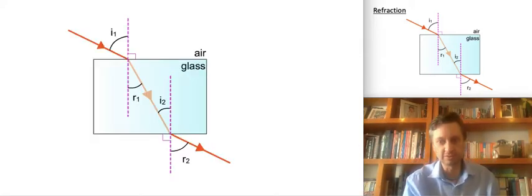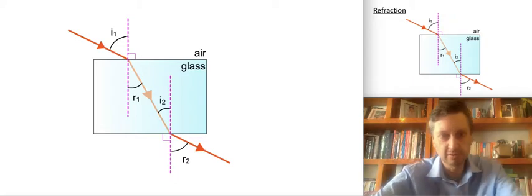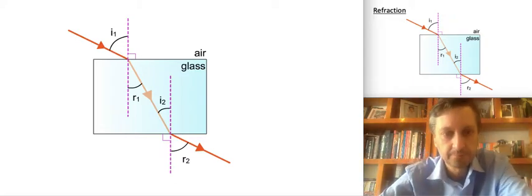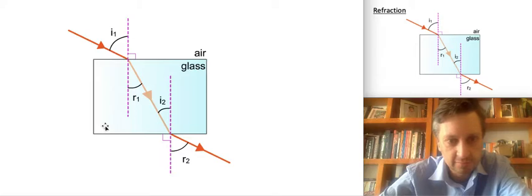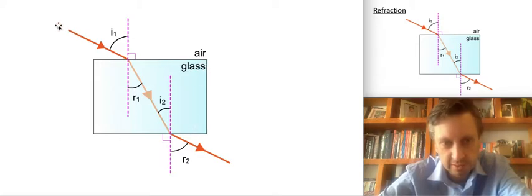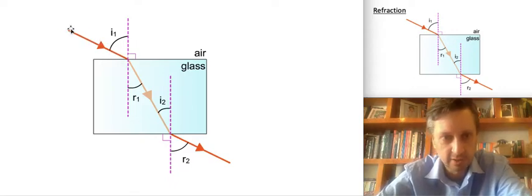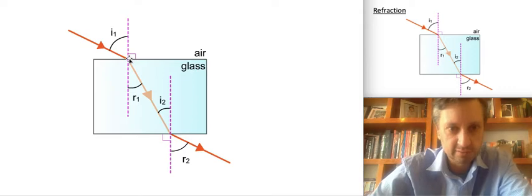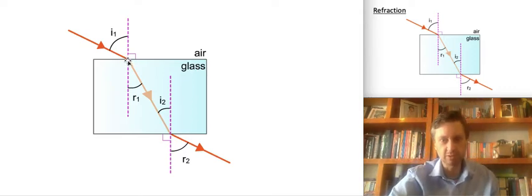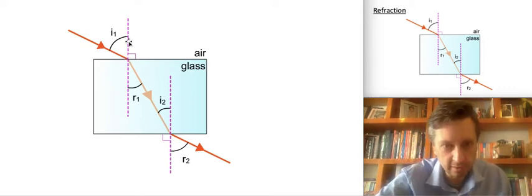Here's a bigger version of the diagram above my head that will explain everything hopefully a little bit clearer. Okay, so here we have a glass block. We're going to shine a thin ray of light, possibly a laser beam, towards the surface of the glass block at an angle. You're familiar with this.